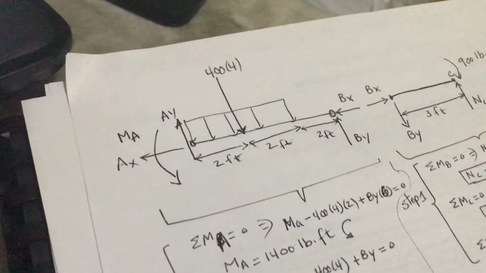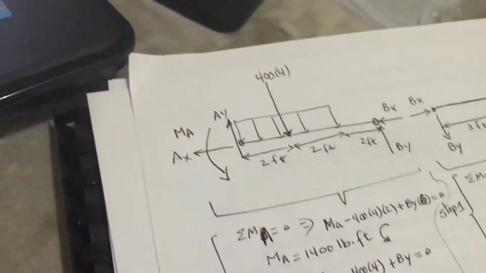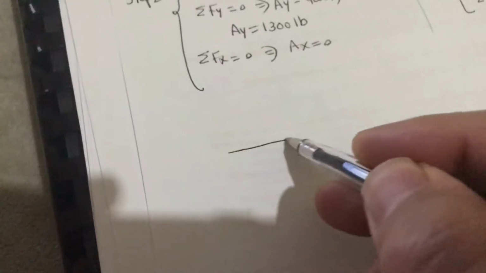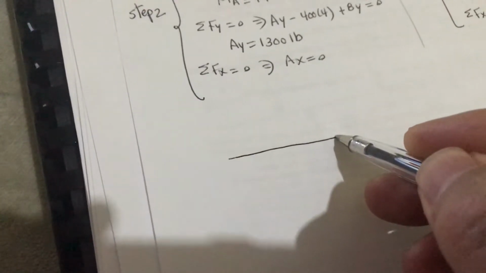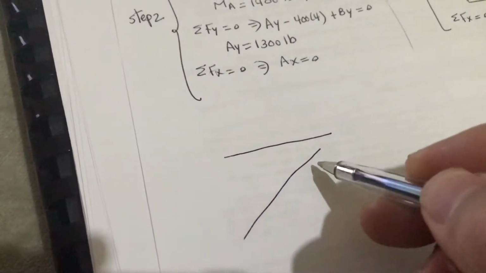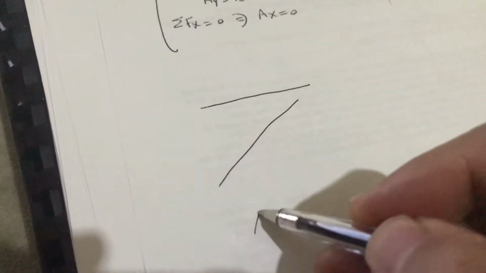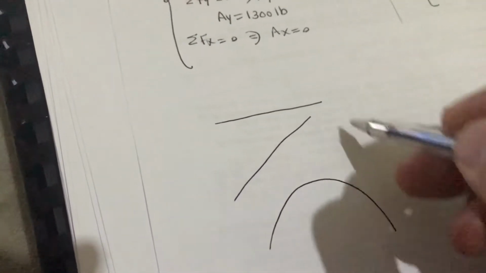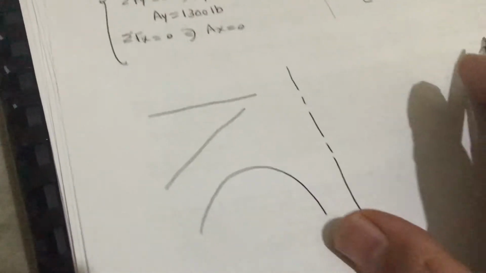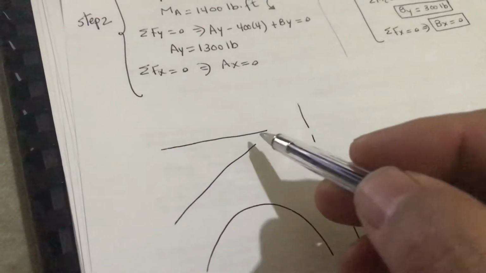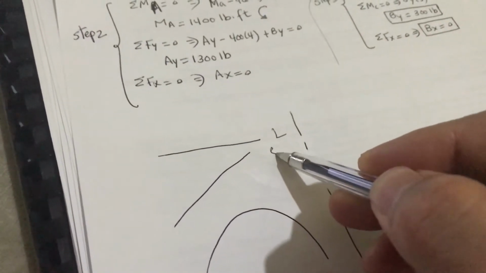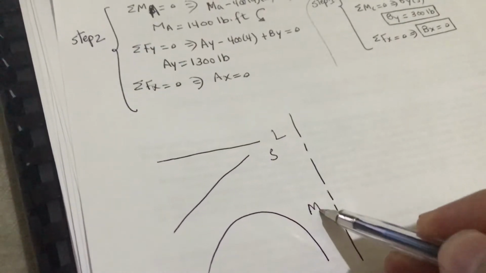If the top loading is a straight line, the shear is going to be linear, and the moment is going to be non-linear like this. This is the first. You should put this in your notes so you know it. This is the loading, this is the shear, and this is the moment.